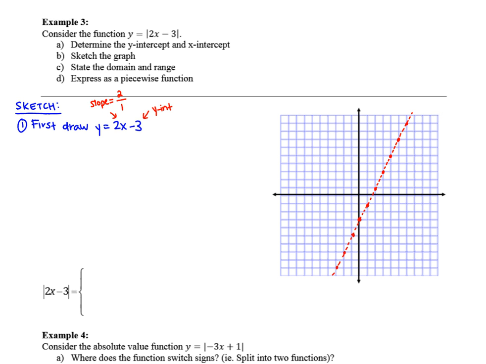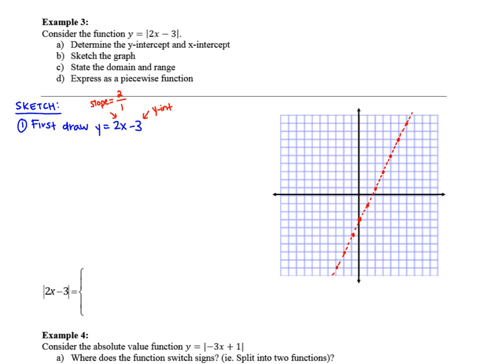So what part of the graph is going to stay the same when we take the absolute value? When our y values were? Are you lost already? What part will stay the same when you take an absolute value?